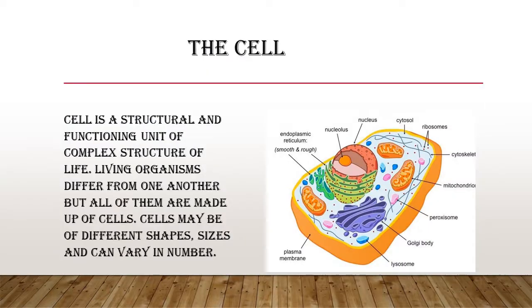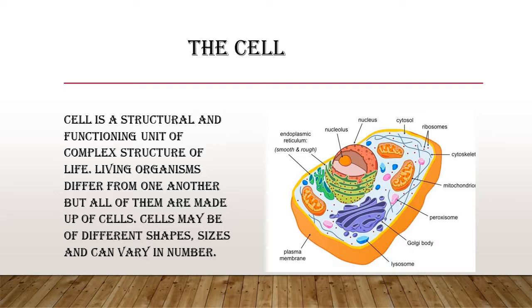First of all, we are going to define the cell. A cell is a structural and functioning unit of complex structure of life. Living organisms differ from one another, but all of them are made up of cells. Cells may be of different shapes and sizes, and can vary in number. If we are talking about a huge animal and a very small animal, all types of animals have the same type of cells.